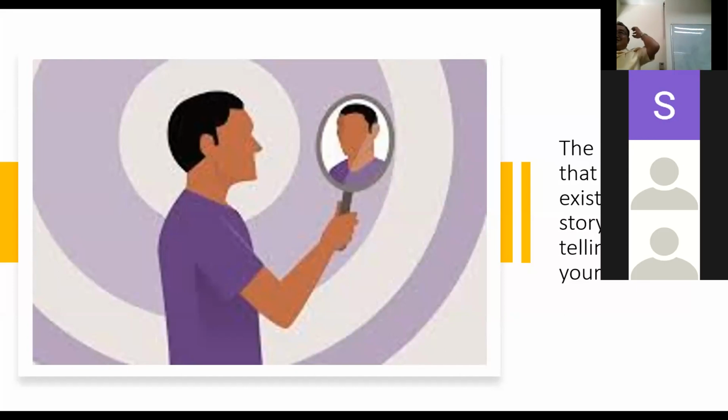What about your story? You need to construct your own story and tell yourself your own story. So what? Why? Because you are not me. You are yourself. You have to understand this. So that's the end.